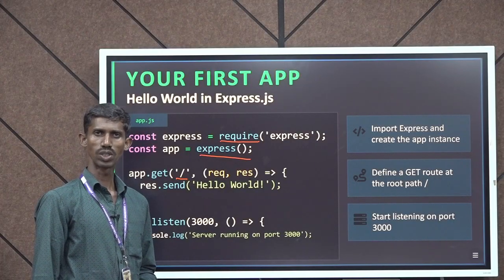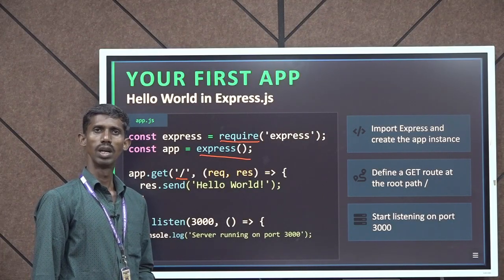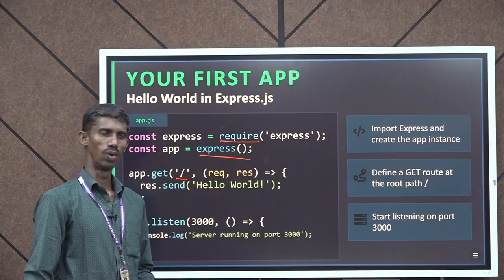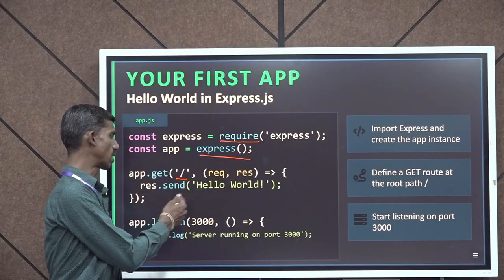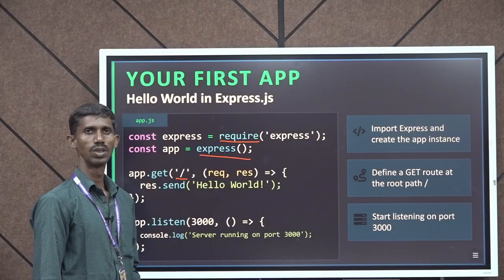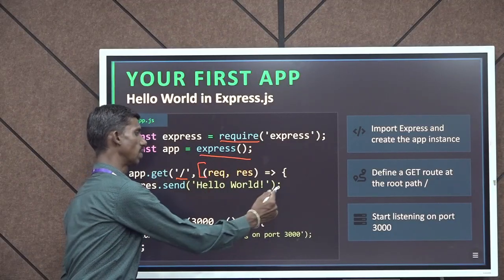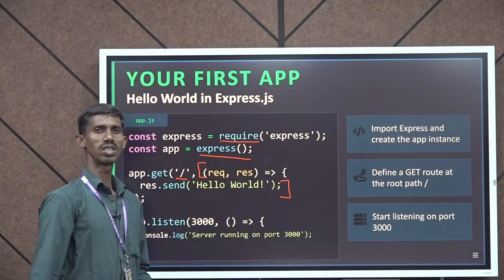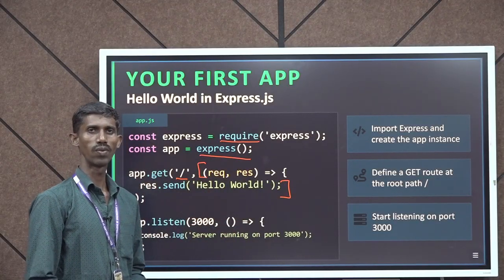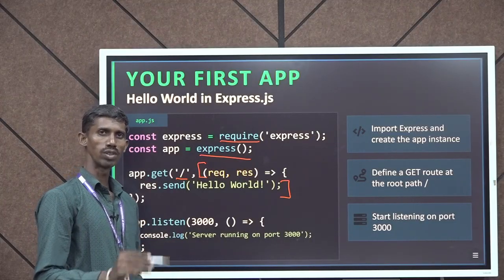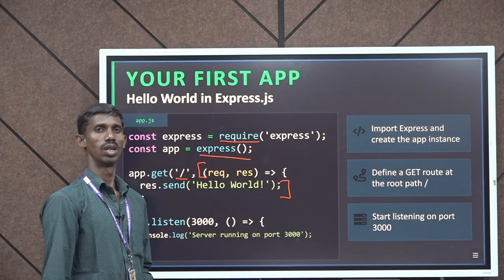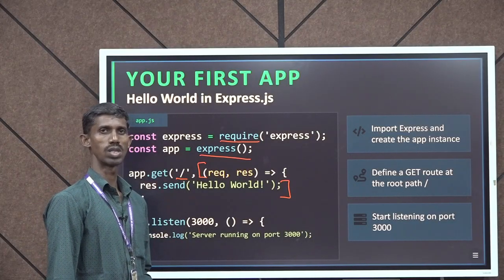We have an anonymous function with the response hello world. For that, response.send is hello world. This part, normally we can say it is a function handler. What is the task? We need to do it with the help of an arrow function. The arrow function has two major objects, request and response.